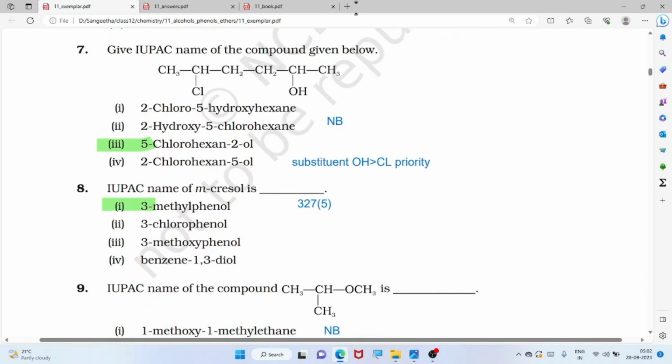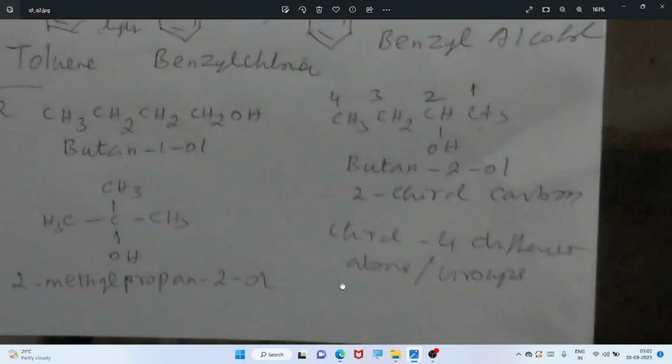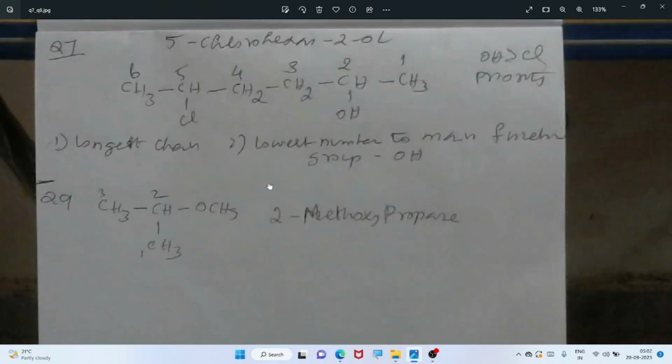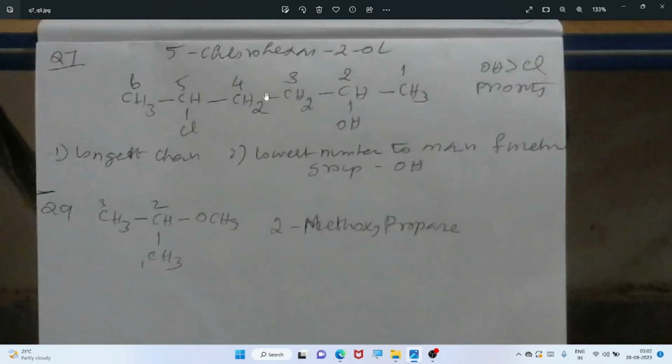What is the IUPAC name of the compound? So this is how the longest chain numbering is done, with the substituent groups OH and Cl. This OH has greater priority than the Cl.